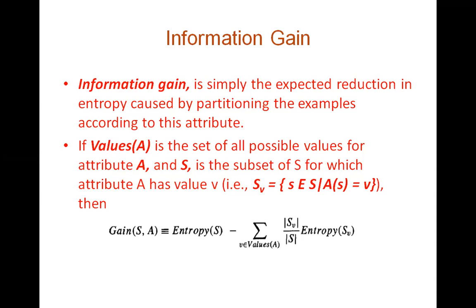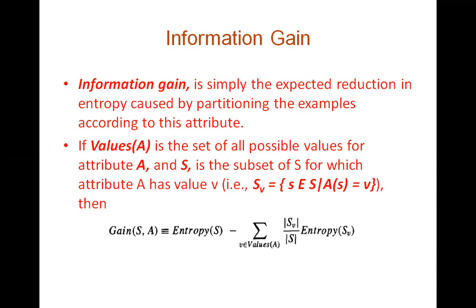We have 4 attributes: outlook, temperature, humidity, and wind. For these 4 attributes, you need to calculate the information gain. If it is highest, then you can use this attribute as the root, because examples will be classified best if you use this attribute as the root.